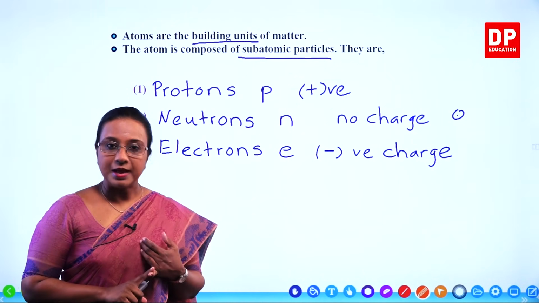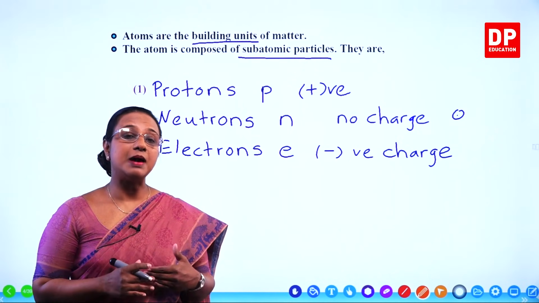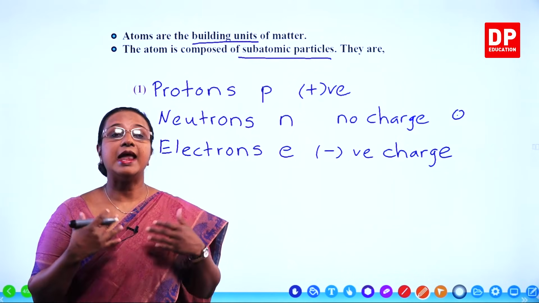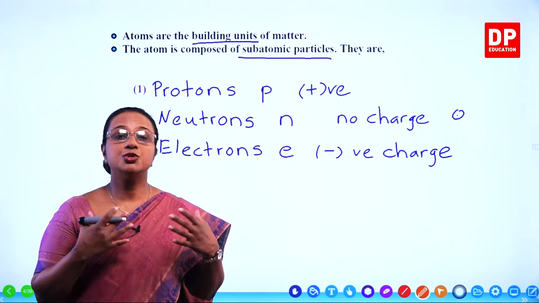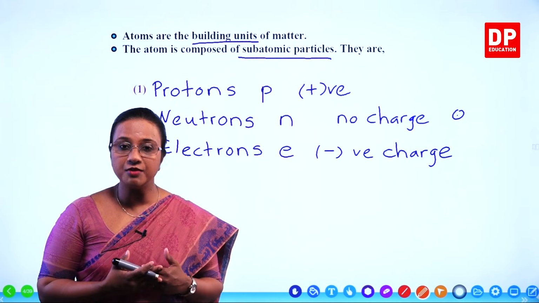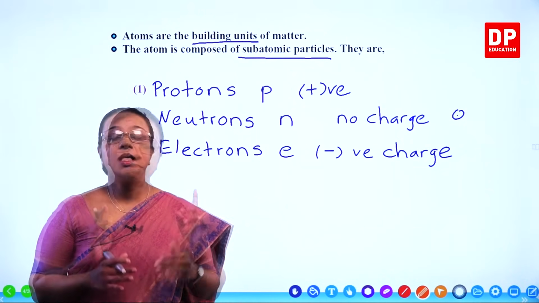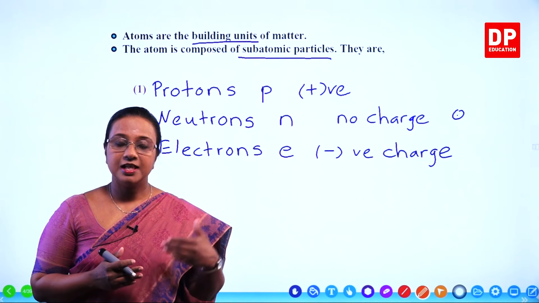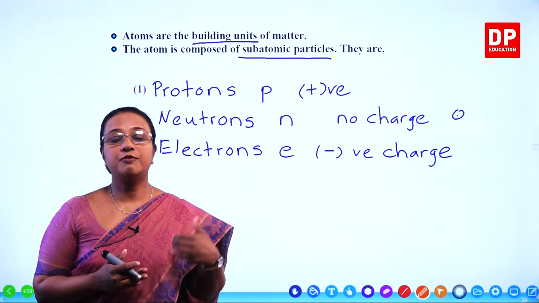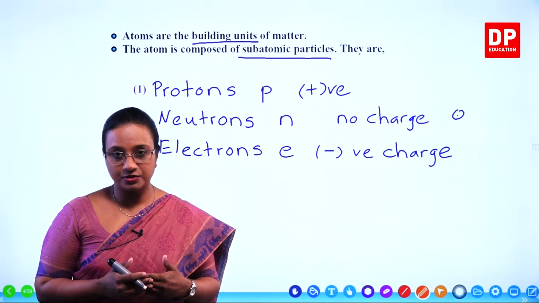So the three subatomic particles combine in different ways and in different numbers to make up different types of atoms. But the common feature is that there are equal numbers of protons and electrons.